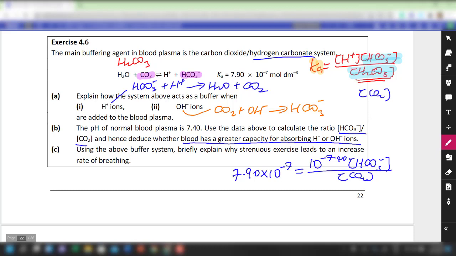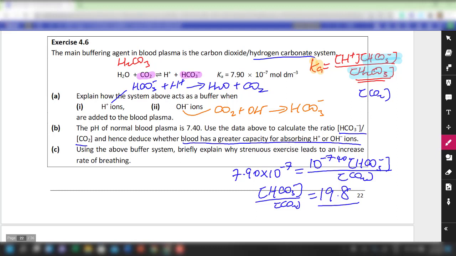In this case, the ratio of bicarbonate to CO2 would be 19.8. So you notice that this actually falls outside the range we mentioned. The ratio is either 10 to 1 or all the way to 1 to 10, but 19.8 to 1 is really out of the range.